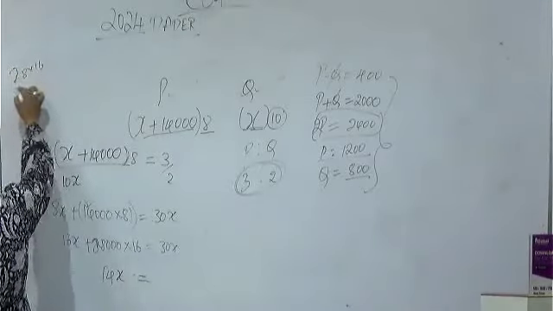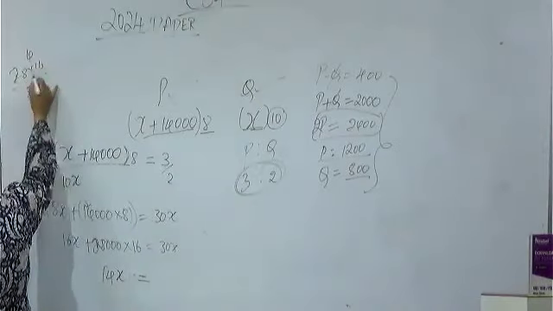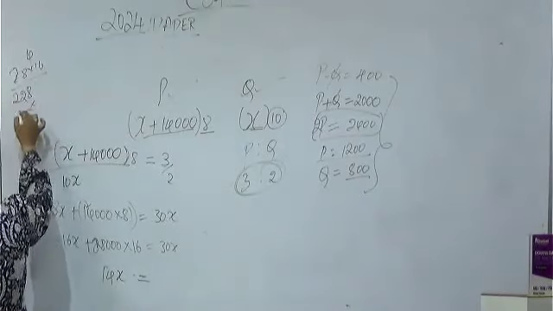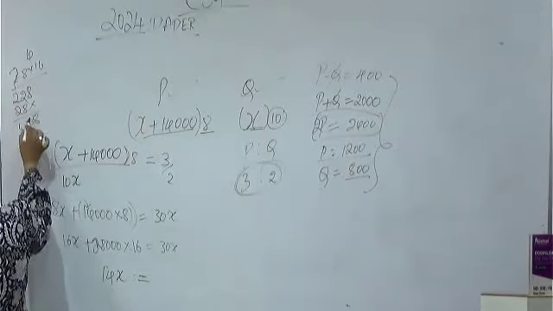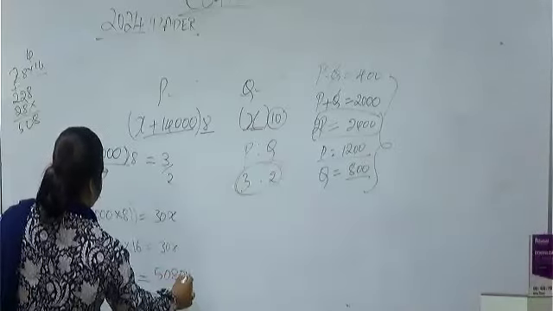How much is 28 into 16? 6 8s are 48. 6 2s are 12, 18, 22 into 28, 508, and 000.